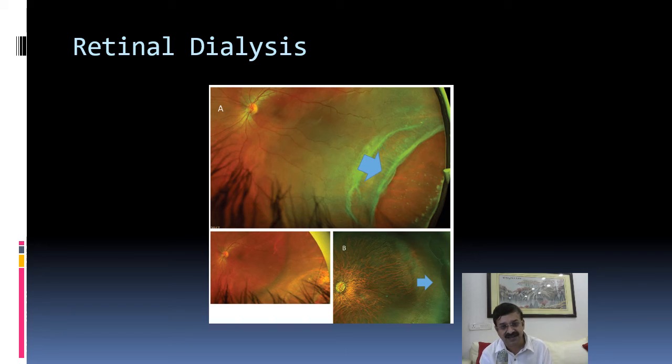When the eye is subjected to a trauma and undergoes a disfigurement, it is here that a shearing force appears on the retina, and the retina is torn. So a part of it remains intact under the firm adhesion of the ora serrata, and the part which is relatively loosely attached gets torn away. So this is a picture of a retinal dialysis.